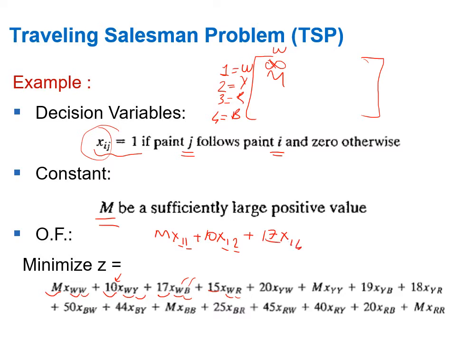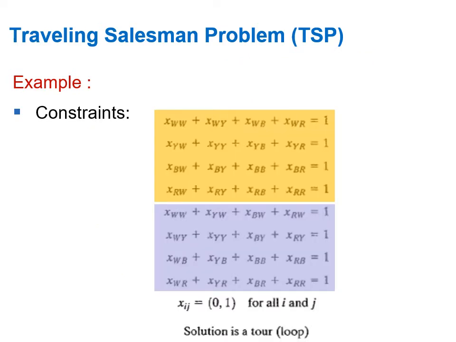You know that 1 corresponds to white, 4 corresponds to black, and so on. If you write all those values, this will be our objective function. What about the constraints? Again, let's write the constraints in open form, and it will be clearer to understand.